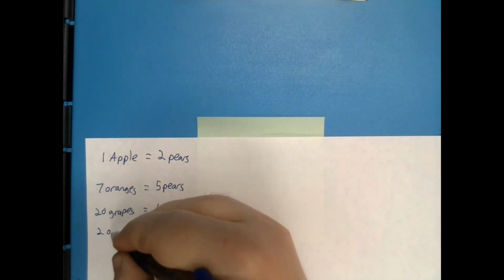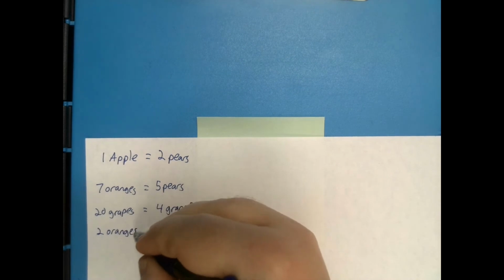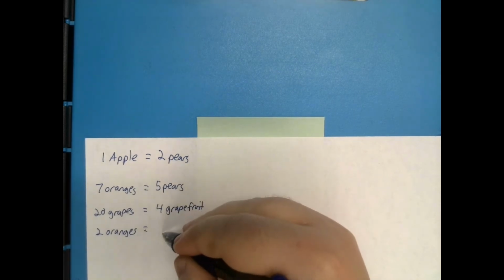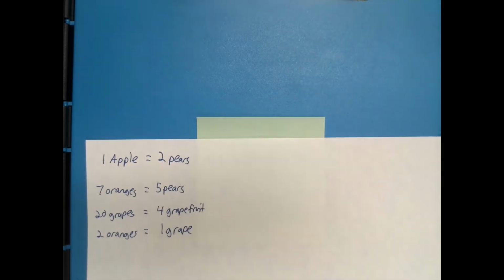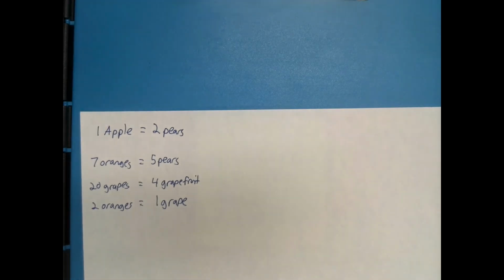And 2 oranges are equal to 1 grape. If you had 5 apples, how many grapefruits would you have in equivalent? So how many grapefruits are equal to 5 apples?